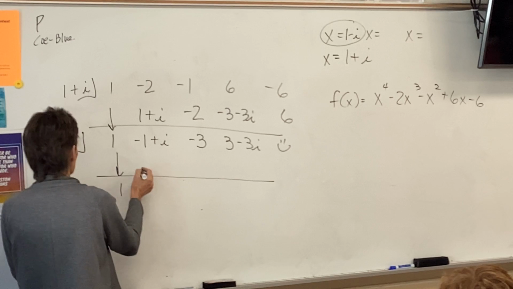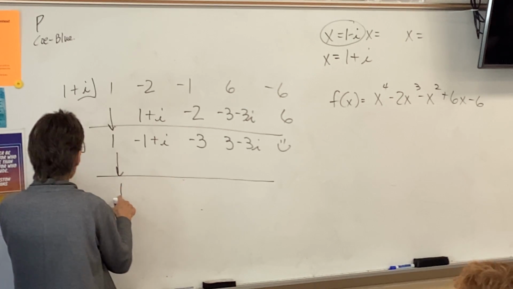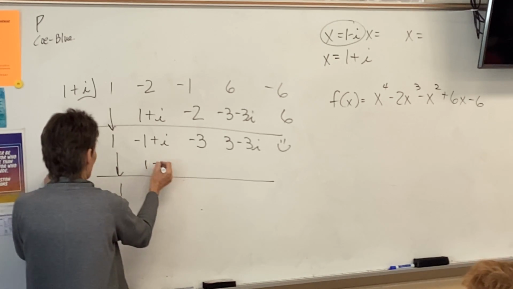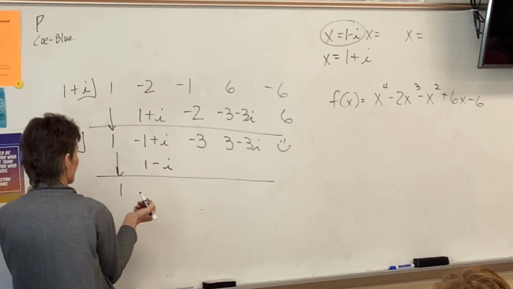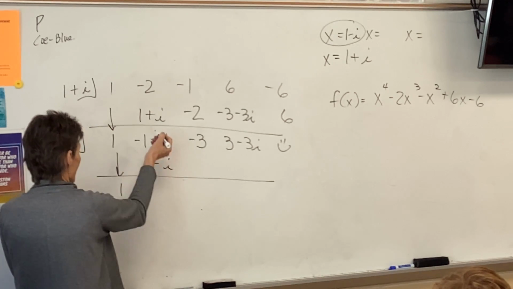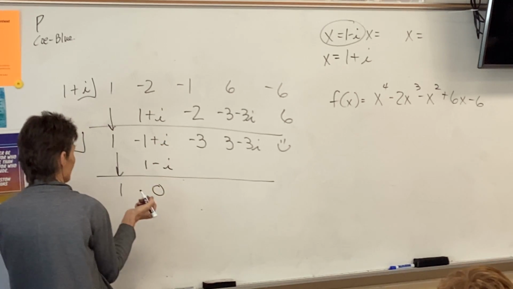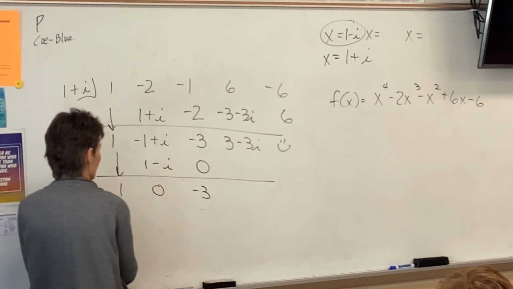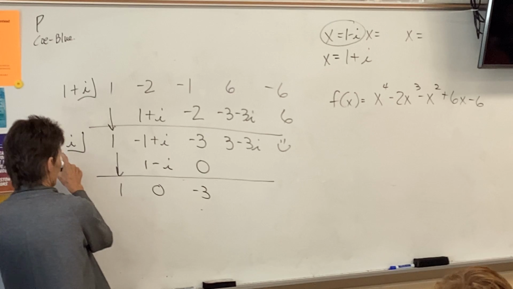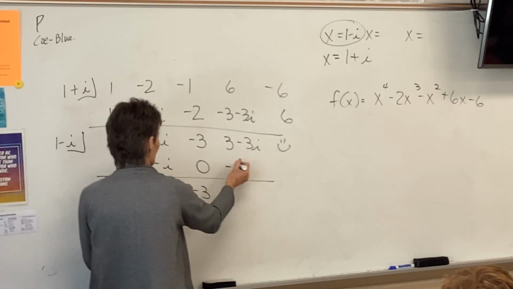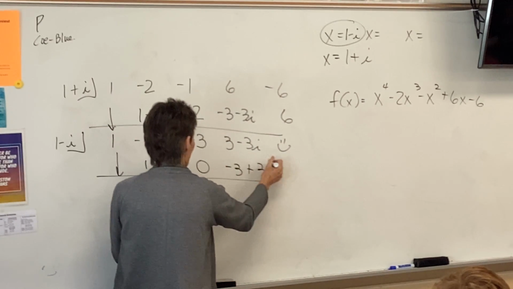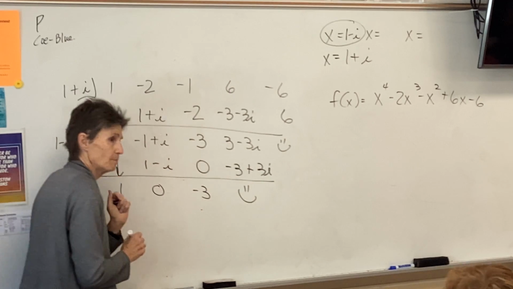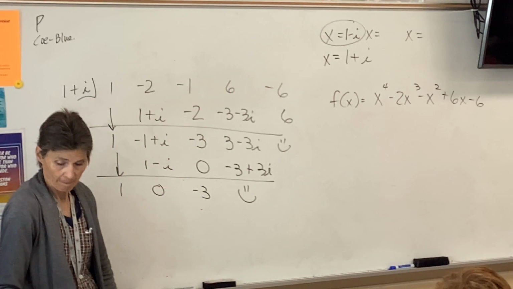Here we go. Multiply this times this, I get 1 minus i. Oh my gosh. Adding gives me 0. Multiplying gives me negative 3 plus. Hey, look at that.